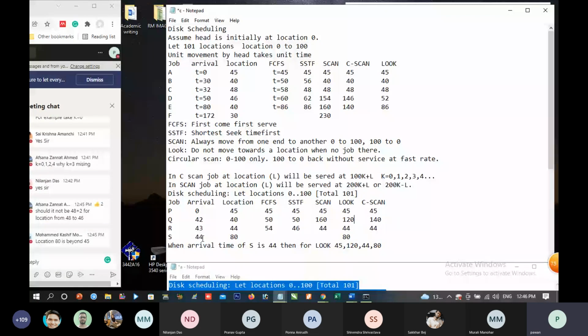Just try to understand it and try to find any fault in this. Because of this, SSTF will also start changing. Forget about all these things. Pay attention as far as only look is concerned.